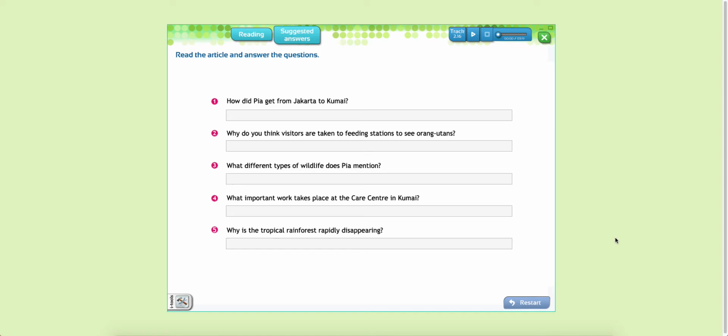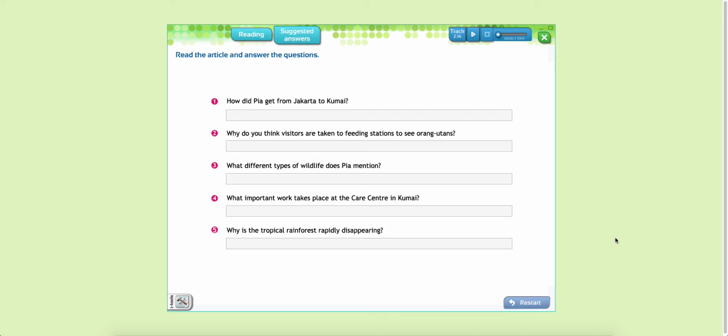Let's continue with the second one. Sophie, why do you think visitors are taken to feeding stations to see orangutans?